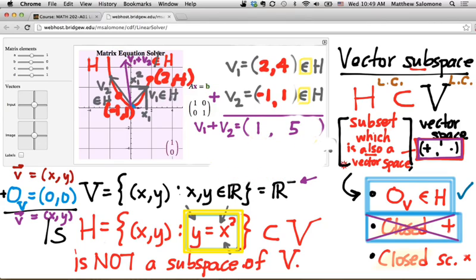Why isn't (1, 5) an element of H? Because 5 is not equal to 1 squared. Exactly. So 1 squared is not equal to 5. So this does not belong to H.